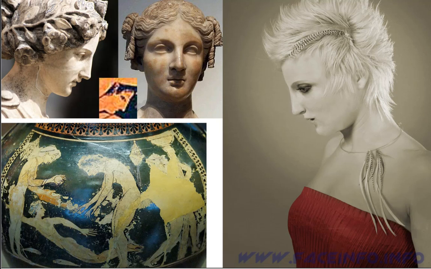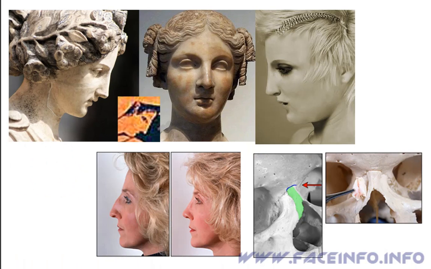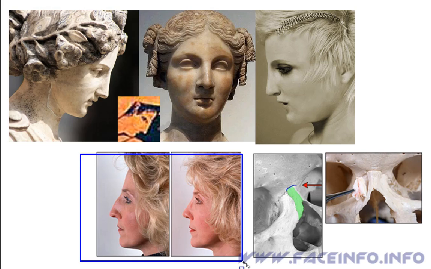Look at these sculptures and at someone's mock picture, which is an attempt to illustrate how a model with the features of an ancient statue might look nowadays. So this woman looked similar, but she didn't like it.